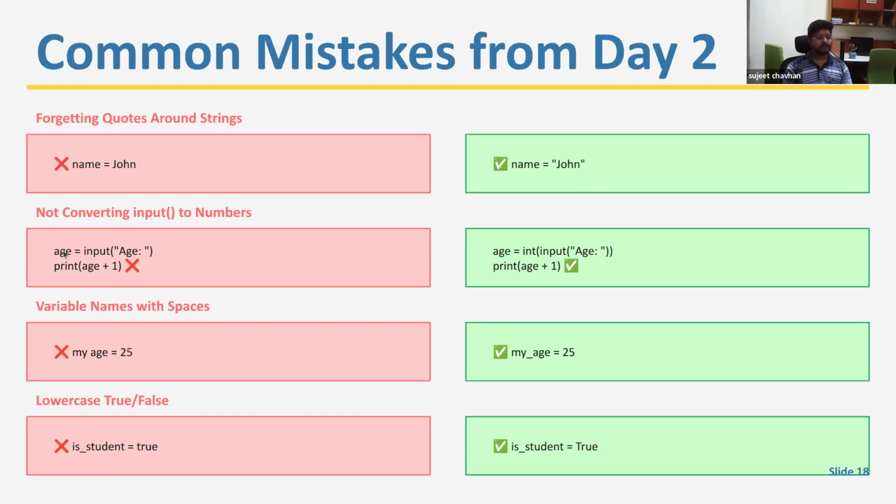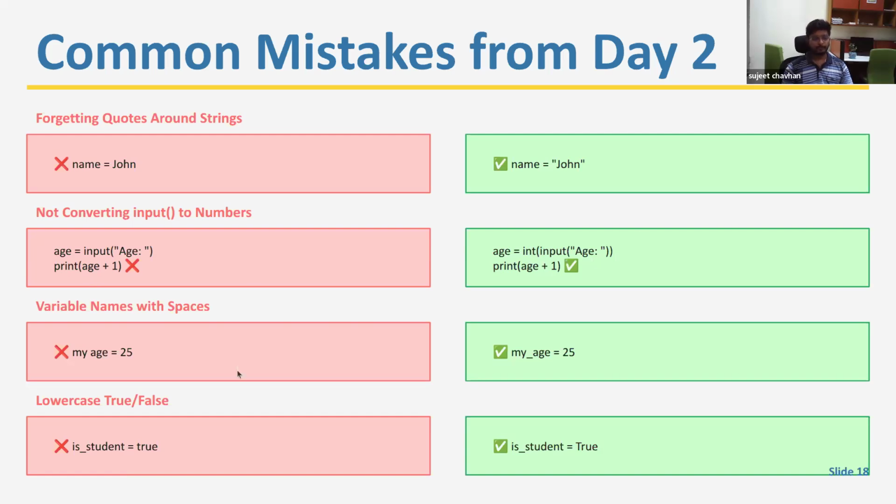So if I write age equal to input double quote age, which is a string, and if I try to print it, then Python will throw an error because this is a string. We need to use int, then the error will not be thrown.